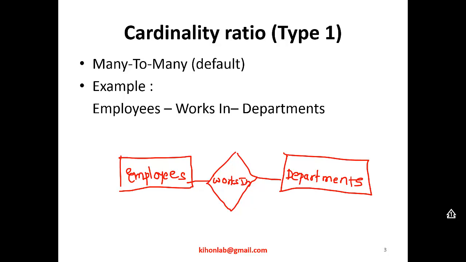So many to many: an employee can work in more than one department, so here it could be greater than or equal to 0, and a department has more than one employee. So this would be a many to many relationship. This is the first type of cardinality ratio.